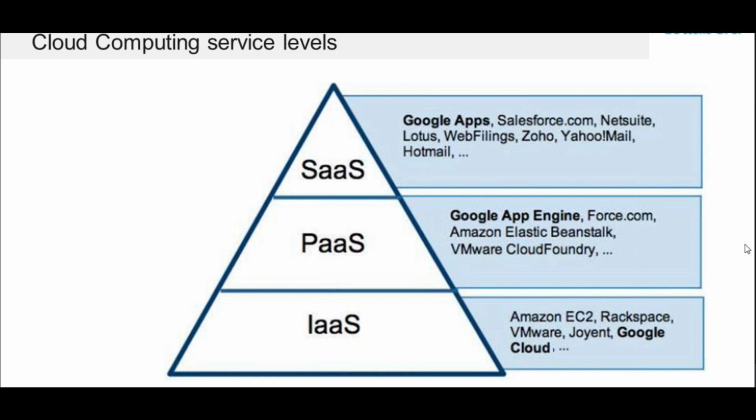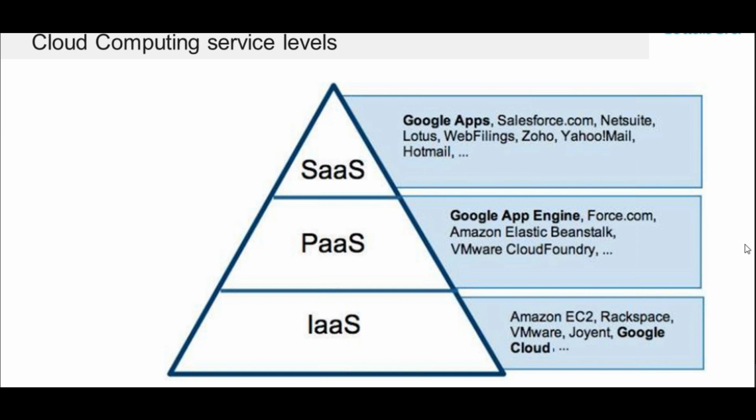One example with respect to Google Cloud: as I mentioned, Google Cloud, AWS or Azure have so many services listed in their platforms that they lie in all three types of service models, that is SaaS, PaaS, and IaaS.